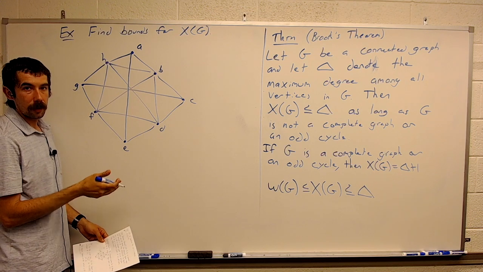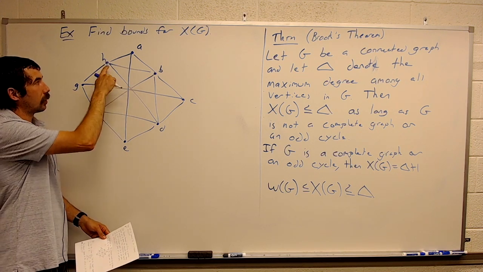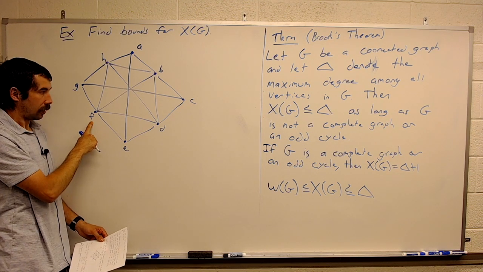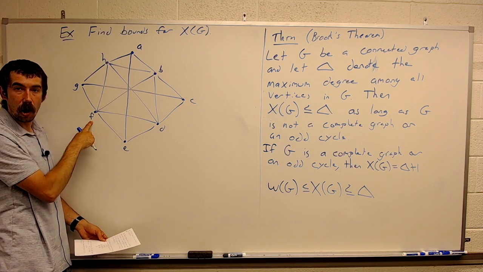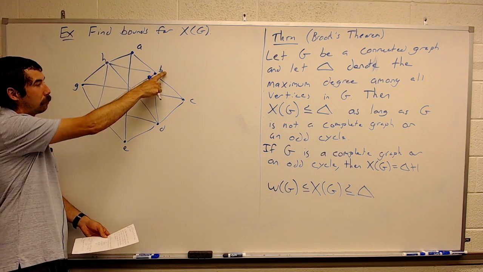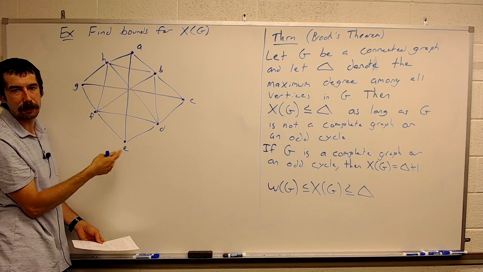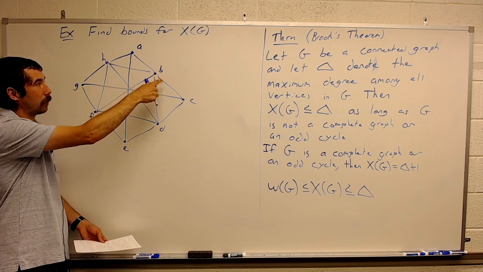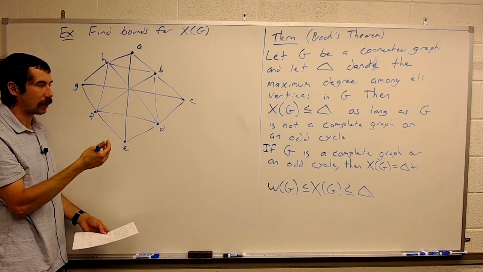And so if you look, H, B, D, F, that forms a clique. They're all neighbors with each other, right? F is neighbors with H, B, and D. Has other neighbors. But D is neighbors with F, H, and B. You can check all of them. They're all neighbors with each other.